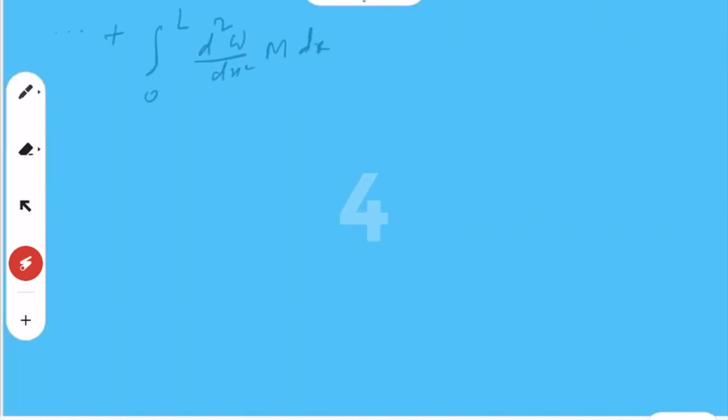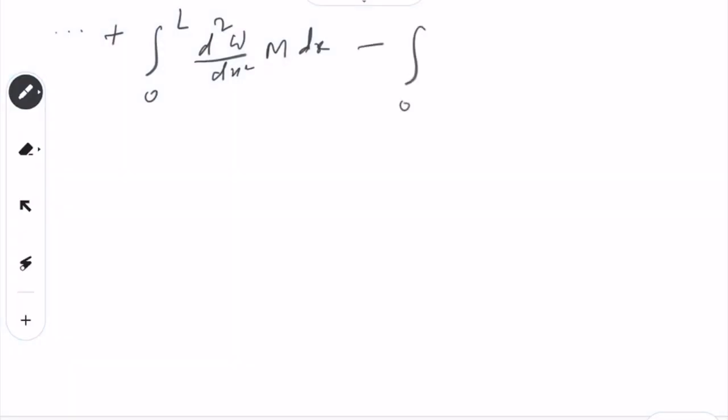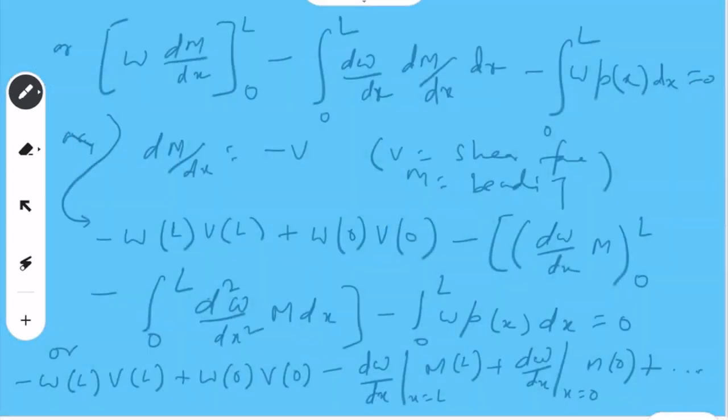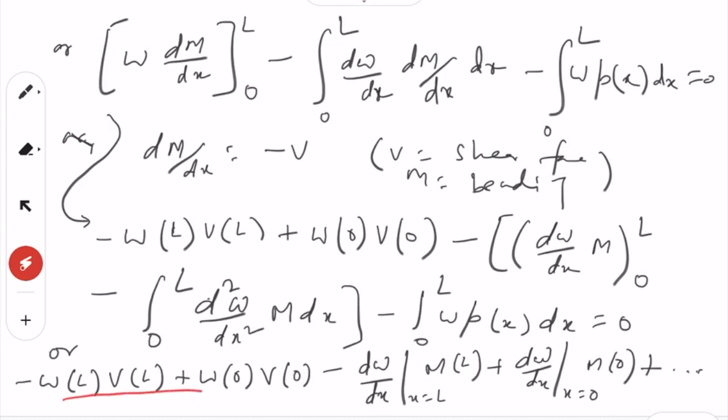So, minus 0 to L and then w p x dx is equal to 0. Okay. So, we have all these actually.